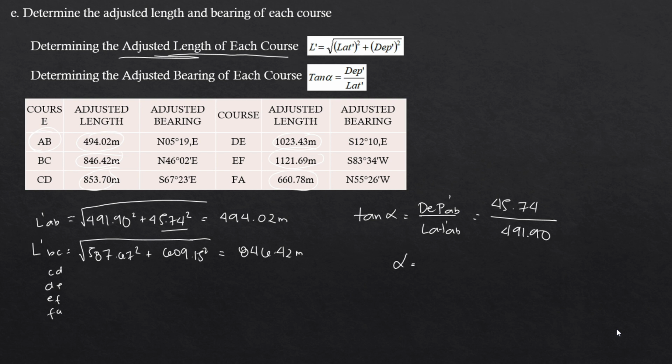So, adjusted bearing natin ng course AB is equal to inverse tan times 45.74 over 491.90. So, ilan to?